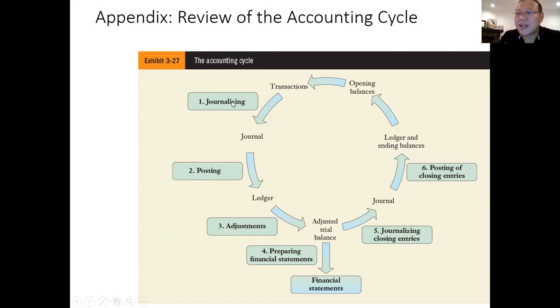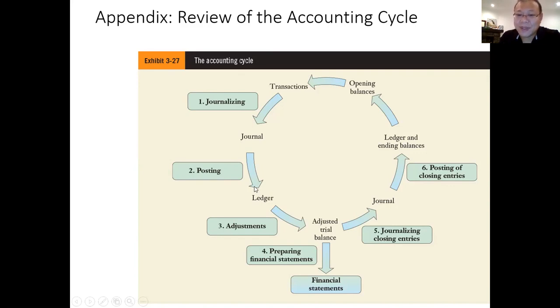So you start with journalizing, right? You record all the transaction events, debit, you credit, debit, you credit throughout the reporting period. And you are going to post these journal transactions to the subledgers, right? If there's a journal entry where you debit accounts receivable, then you're going to post that increase in AR into the AR subledger.